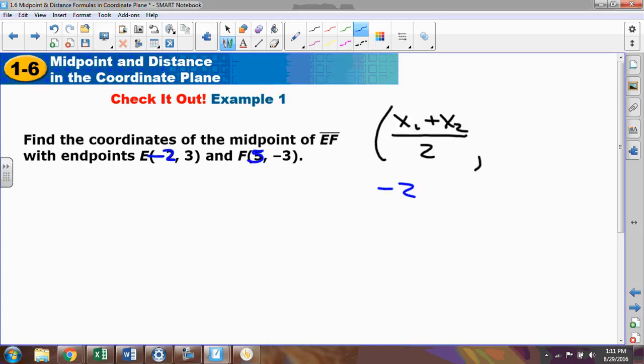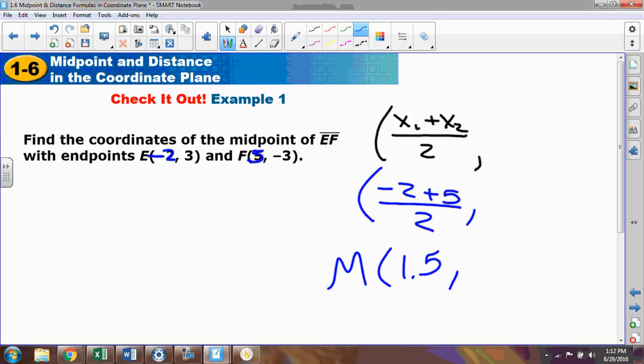We will add those together and divide by 2. What's -2 plus 5? 3. And 3 divided by 2? 3 divided by 2 equals 1.5. That sequence of number crunching has given us the x-coordinate for the midpoint.